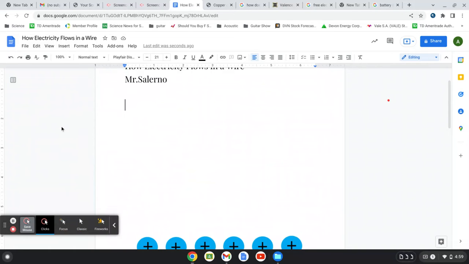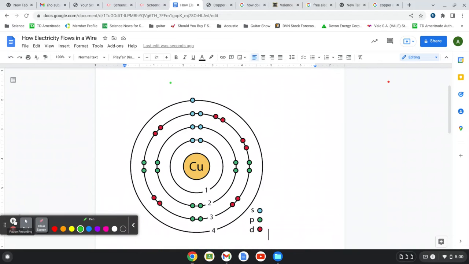Okay, so the first thing we want to talk about is the diagram of a copper atom, so it's important if we look at that first. You'll notice there are these clouds. Some people call them rings, clouds, orbits, orbitals, or energy levels.